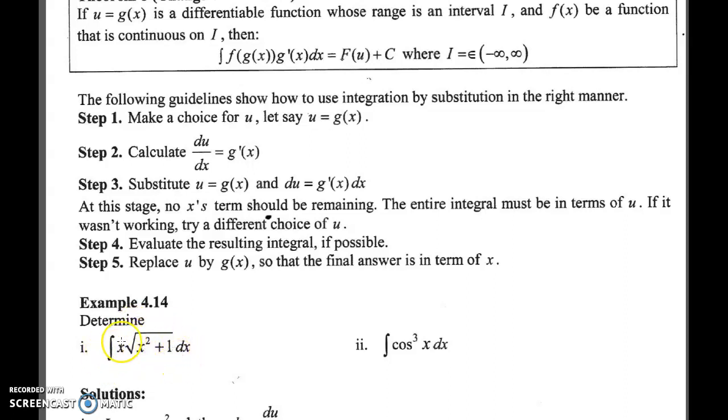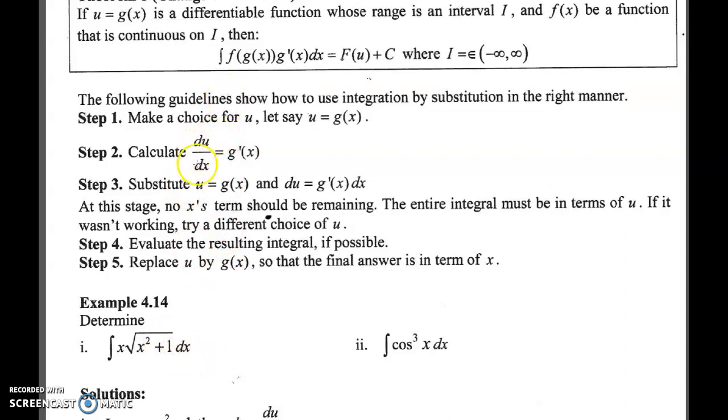So you'll need to decide which will be your U. After you have determined the U, we are going to differentiate that U.